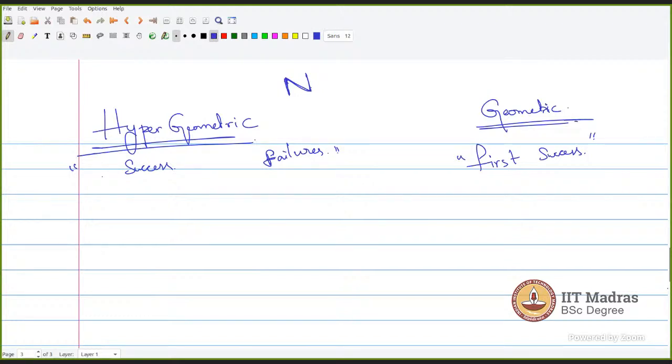Okay, R of type 1, and what is m then? N minus R of type 2. M is persons selected at random. Okay.